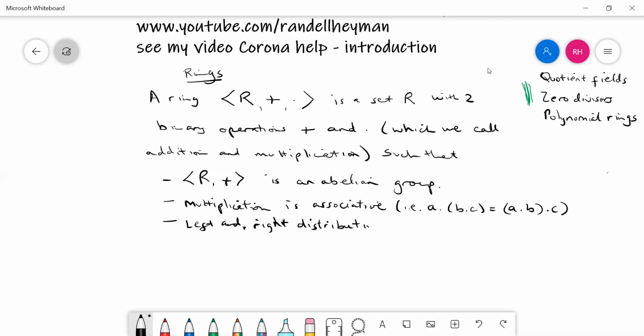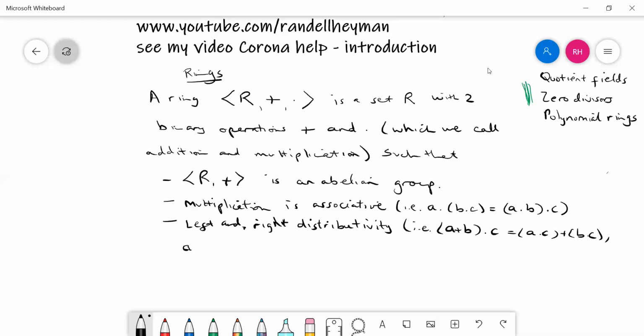So what that means is that if we go (A plus B) times C, that must be the same as A times C plus B times C. And also we can do it the other way as well.